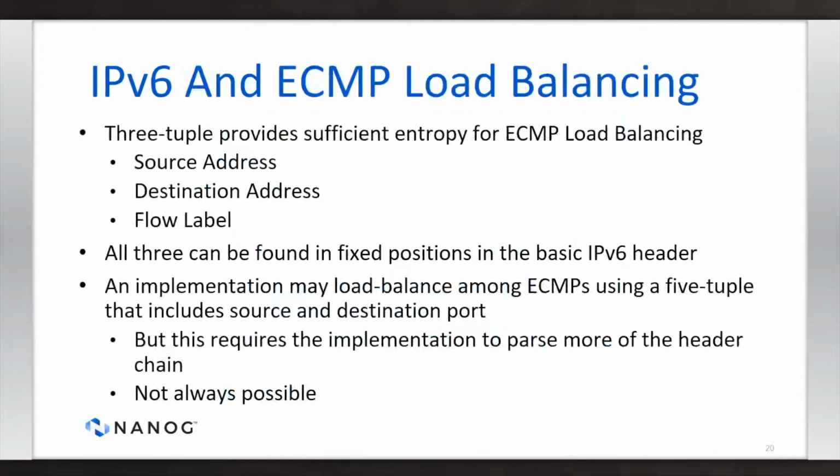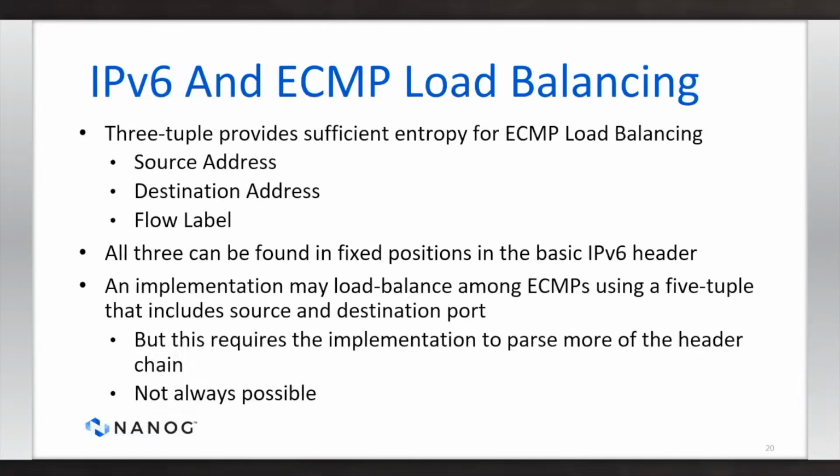But before we go there, let's talk about IPv6 and ECMP load balancing. There's a 3-tuple that provides enough entropy for ECMP load balancing: the source address, the destination address, flow label. These 3 can be found in fixed positions in the IPv6 header. They're in that basic header.